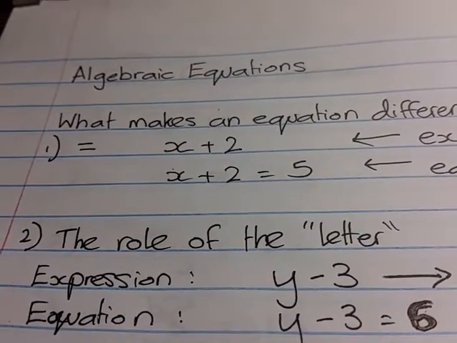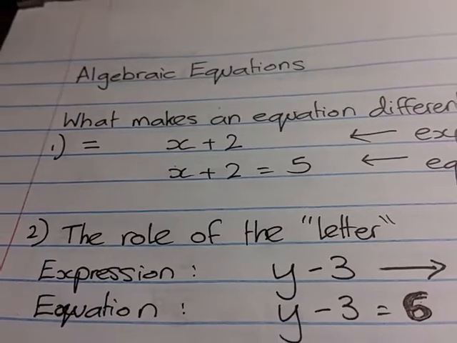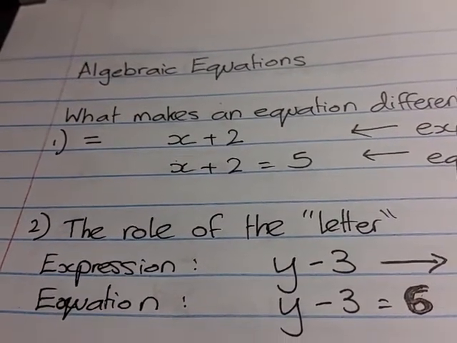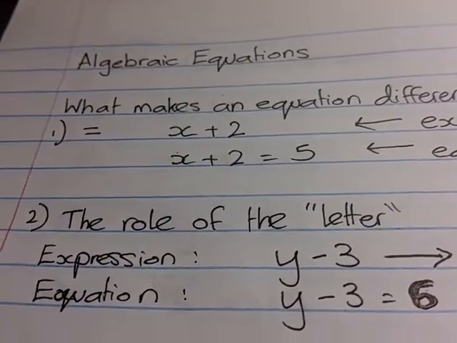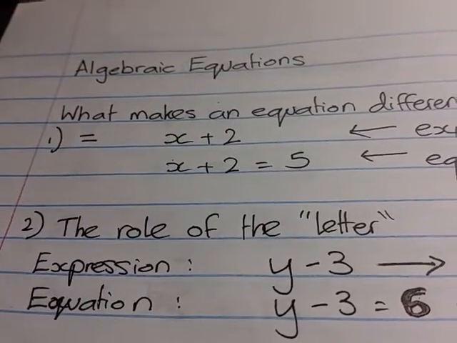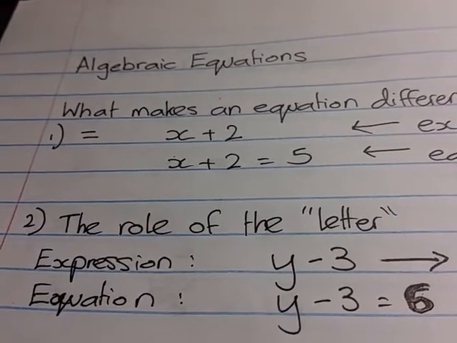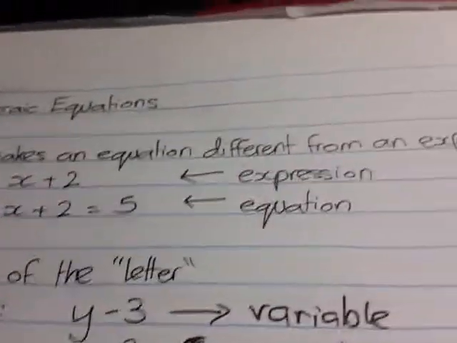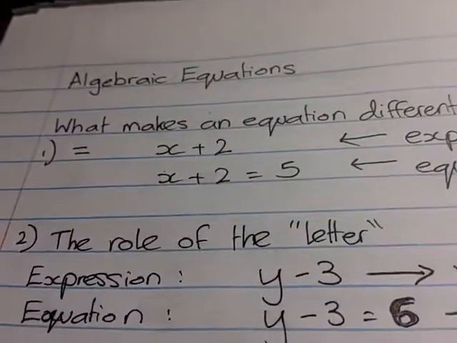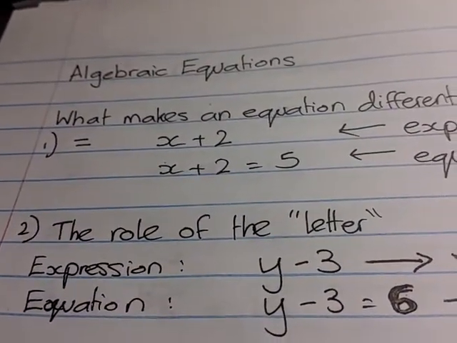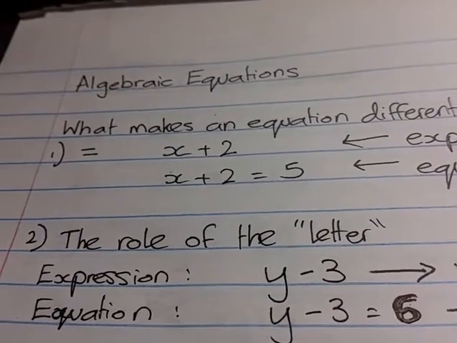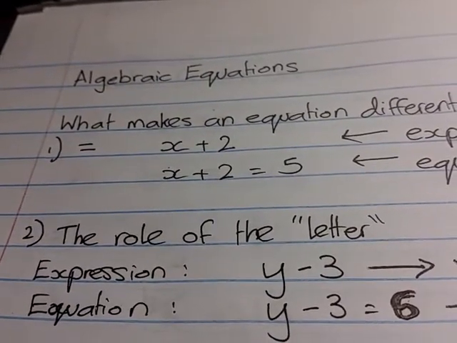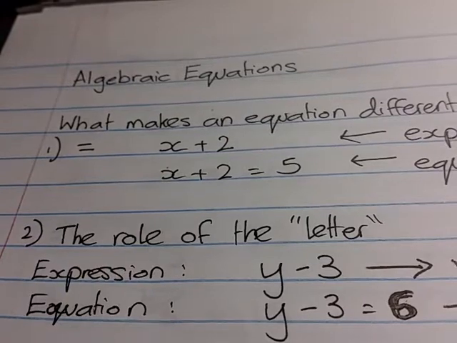As you know from your basics of algebra, a letter can be used to represent a number. And in the expression y minus 3, y could be any number that you choose. Hence why it's called a variable. But in an equation, only one number will suit the value of y which will make that true.